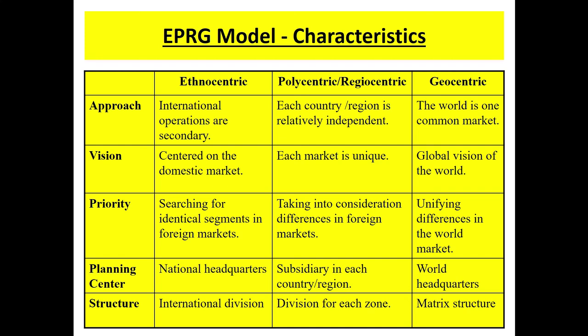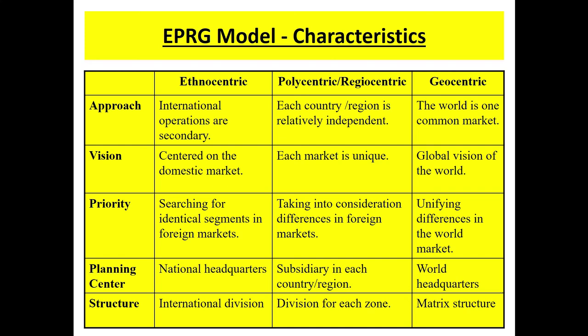In terms of priority, for ethnocentric, their priority is, of course, domestic. For polycentric, they take into consideration the differences in foreign markets. And for geocentric, they identify differences in the world market.